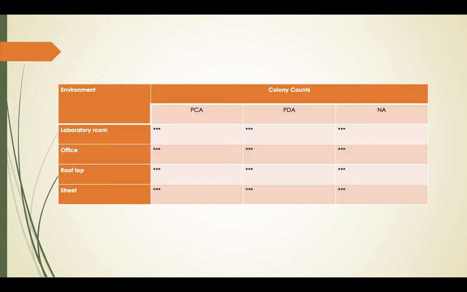So in the worksheet, I ask you to decide on your own the number of colony counts per type of culture media, and then you provide me a discussion that will justify your observation. So in essence, there are a lot of factors to consider. So this one will be very high.